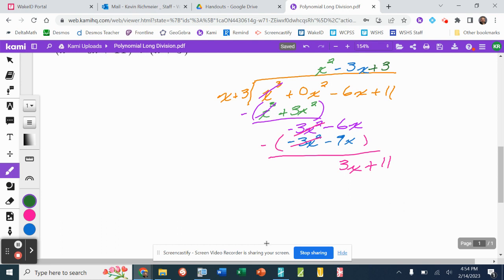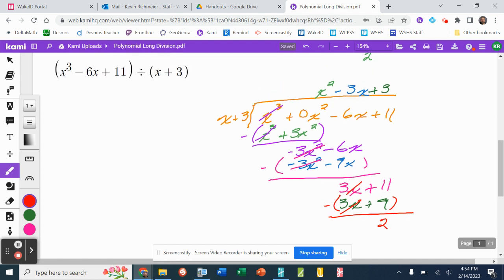So 3 times x gives us 3x, and 3 times 3 gives us plus 9. And again, just like before, we're going to subtract the two. So 3x minus 3x, those are eliminated. 11 minus 9 leaves us with 2. And so we have a remainder of 2.